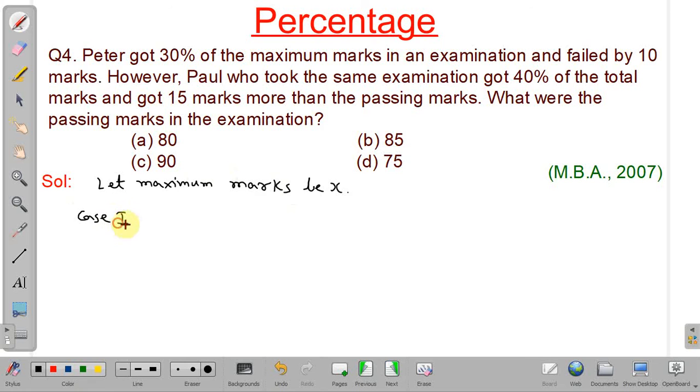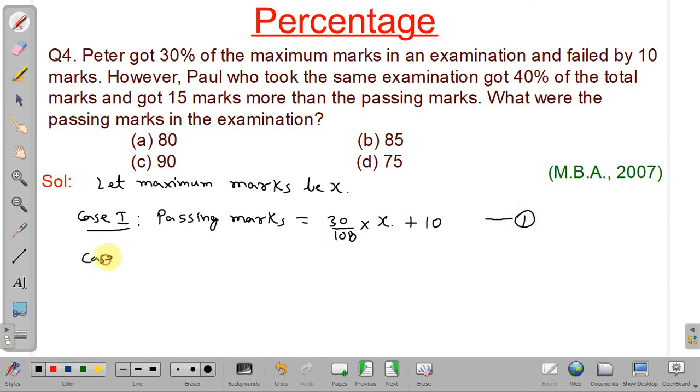Case 1 is the case of Peter, and as per the given information for Peter, passing marks can be calculated as: passing marks will be equal to 30 by 100 of X, since he got 30% of the maximum marks, but he failed by 10 marks. So passing marks must be 10 marks more than what Peter got, so plus 10. Suppose this is equation 1.